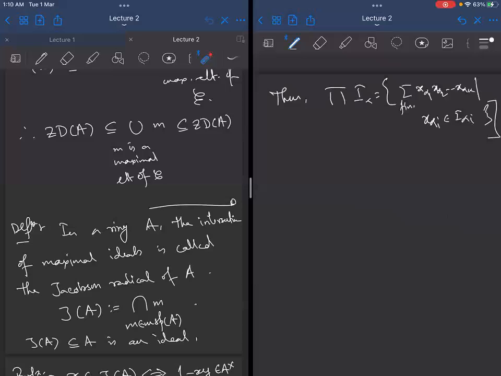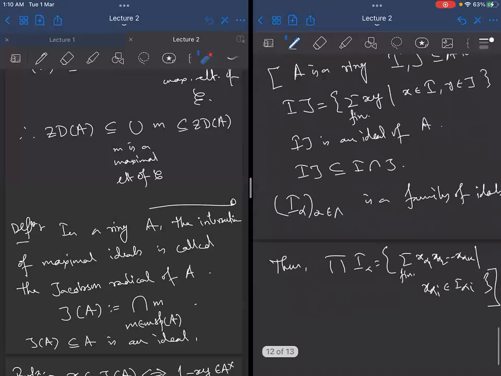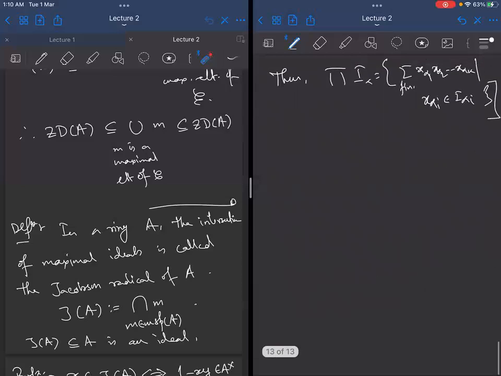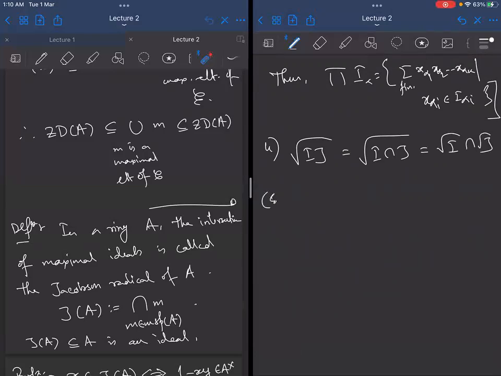Okay, so now I am adding a few more properties to our list of properties of the radical of an ideal. See that radical of IJ is the same as radical of I intersection J, which is the same as radical I intersection radical J. Here I am giving you a simple exercise: show that IJ does not equal I intersection J in general.